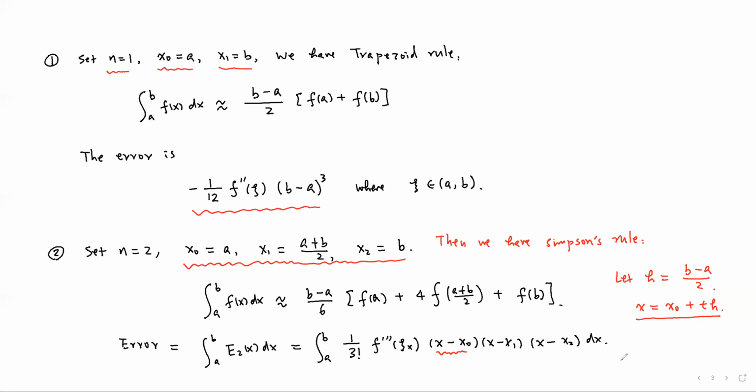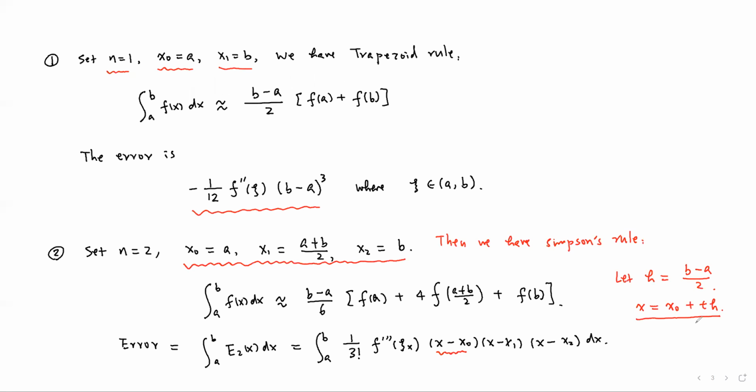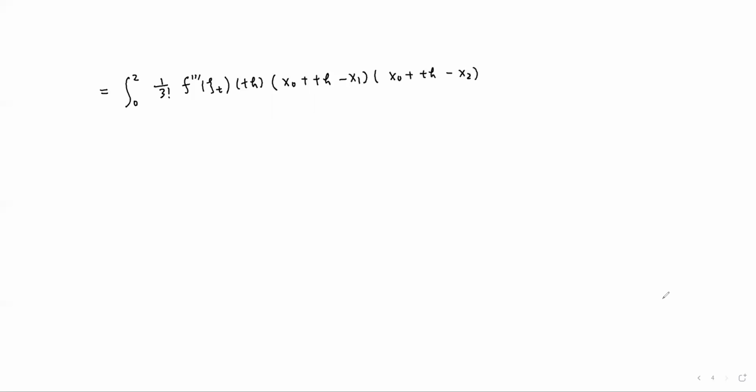And then x minus x1: I plug in this equation for x. The second factor is x0 plus th minus x1. The next factor is x minus x2, so x0 plus th minus x2. And dx is h times dt.